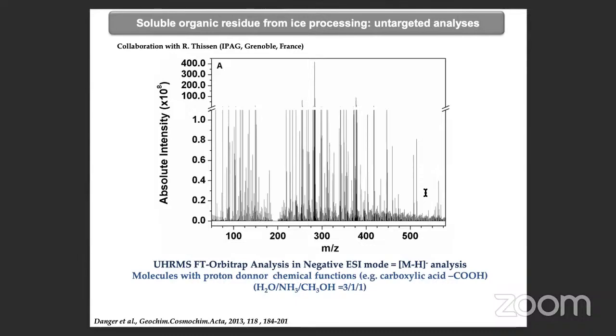The first step was to verify that these molecules that we observe come from the ice. In fact, we demonstrate that 95% of the ions that you observe here come directly from the methanol that was present initially in the ice.